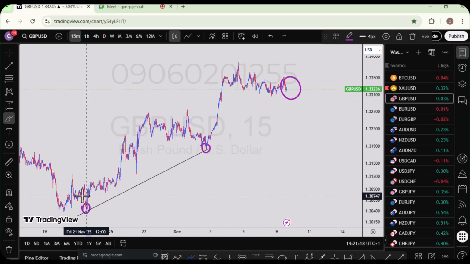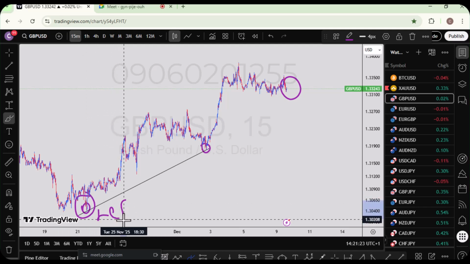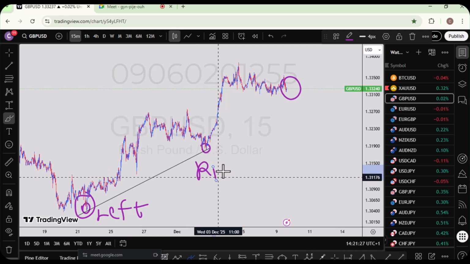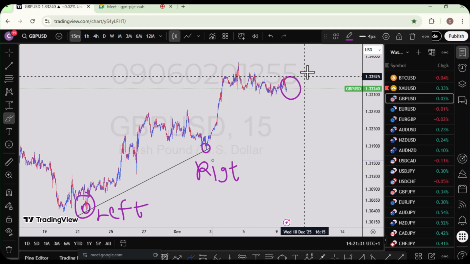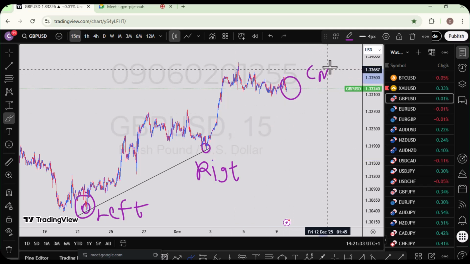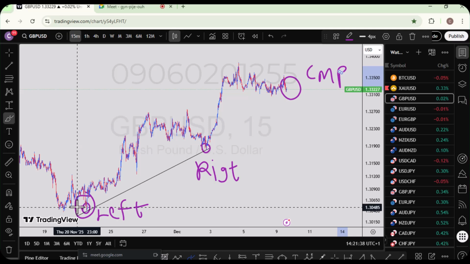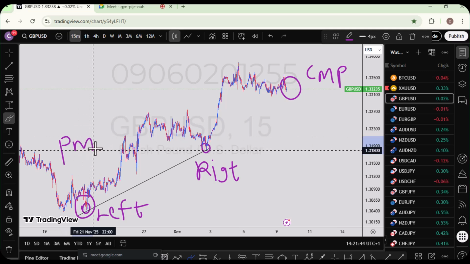So if you are connecting your trend line from the left hand side to the right hand side, it is wrong. It is wrong because you are not considering the CMP, that is the current market price. You are considering instead the past market price, which is the PMP, which shouldn't be so.